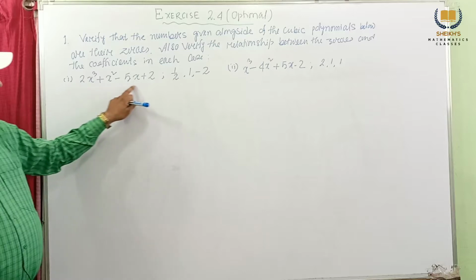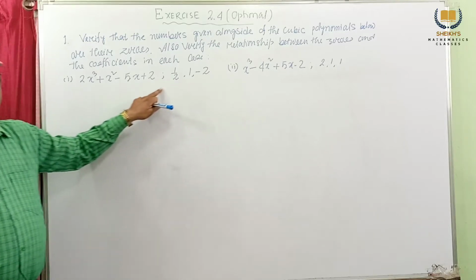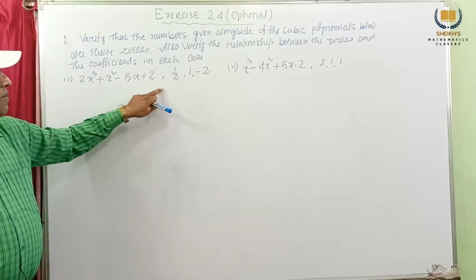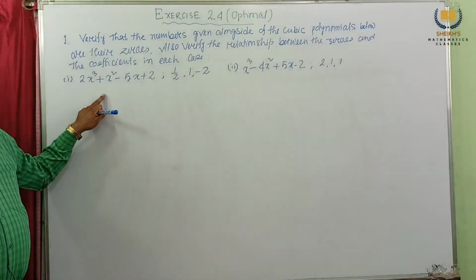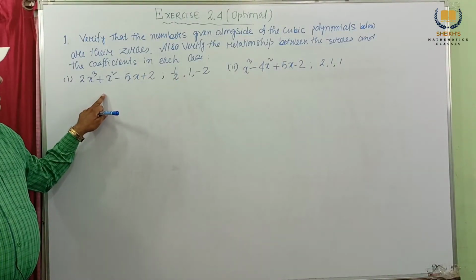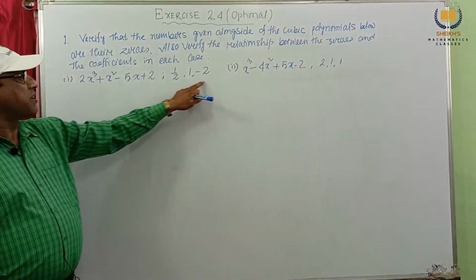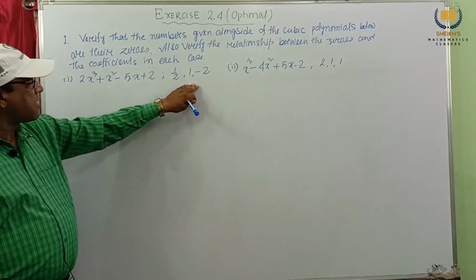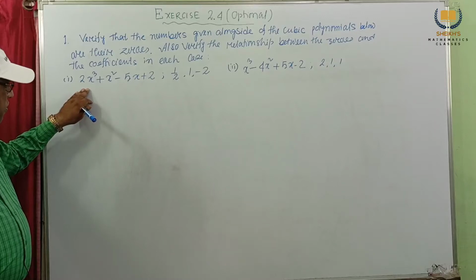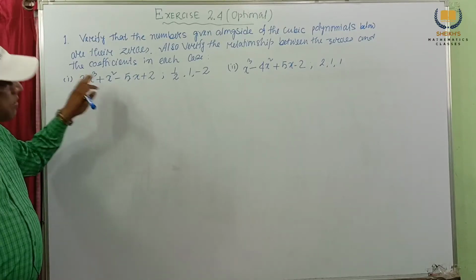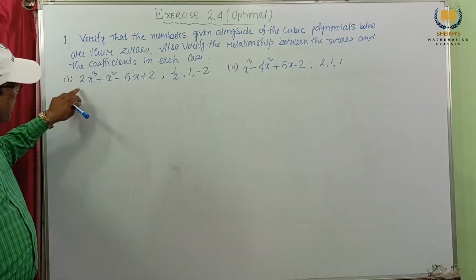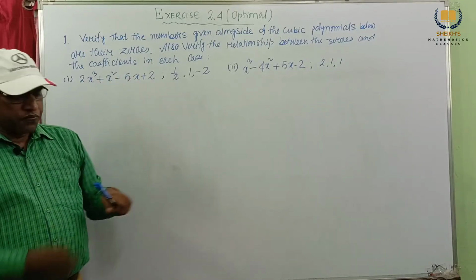So this is the polynomial given and these numbers are given. We have to verify these numbers are zeros of the polynomial. Same here also. Three zeros are given, whether these are zeros of the polynomial or not. If these are zeros, then when we put this value, we must have the answer 0.